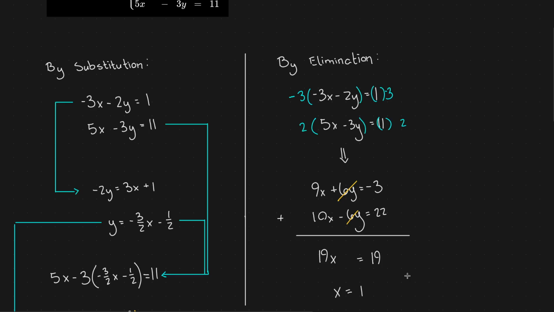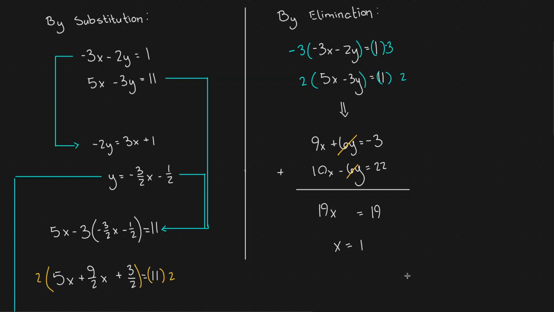Okay? Now I still need to plug in to find the y. I could plug into any equation with a y in it. In this case, let's plug into that very first equation just because we have smaller numbers there. Because I still need to find that y.